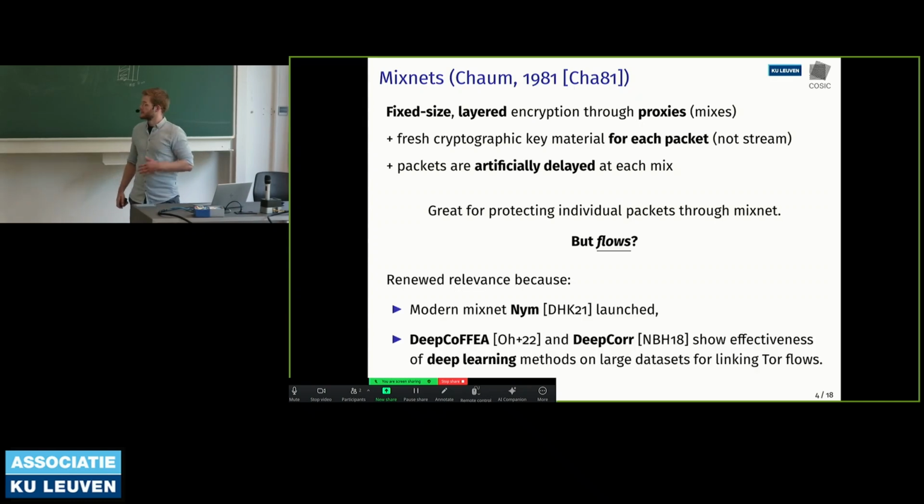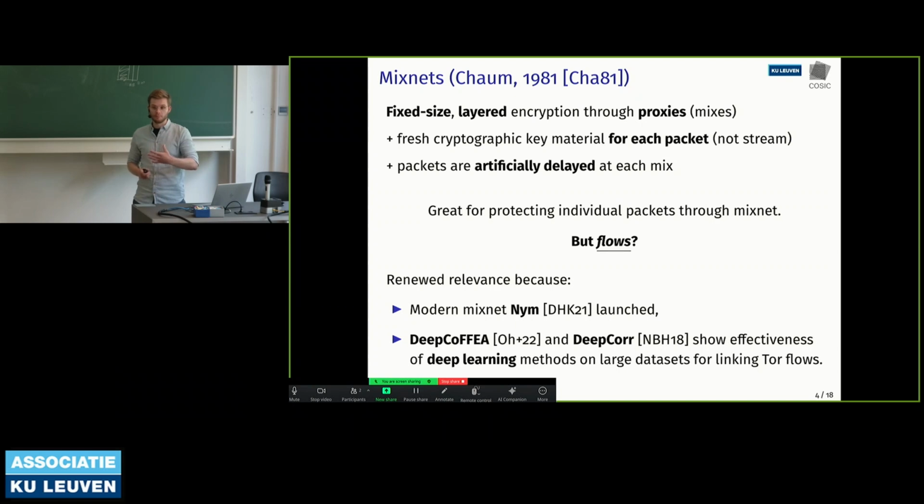And this question has seen some renewed relevance recently because of two major developments. So first of all, a modern implementation of the mixnet concept called Nym, in which, full disclosure, my promoter is involved, launched recently. And so there is a modern mixnet available that is supposed to be used for general purpose traffic.